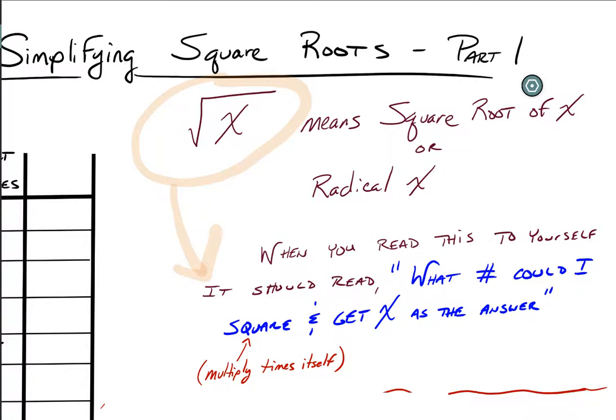So what we're going to talk about is how we're going to simplify those. And I'm going to give you steps. I'm not going to let you use your calculators for finding the answer. You're going to have to show your steps, exactly how I tell you to do them, because this will give you a broader understanding of what a square root is.